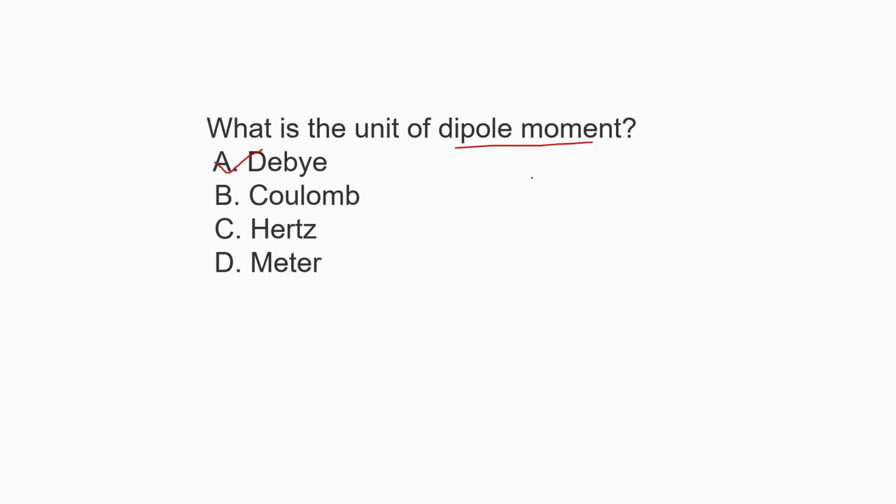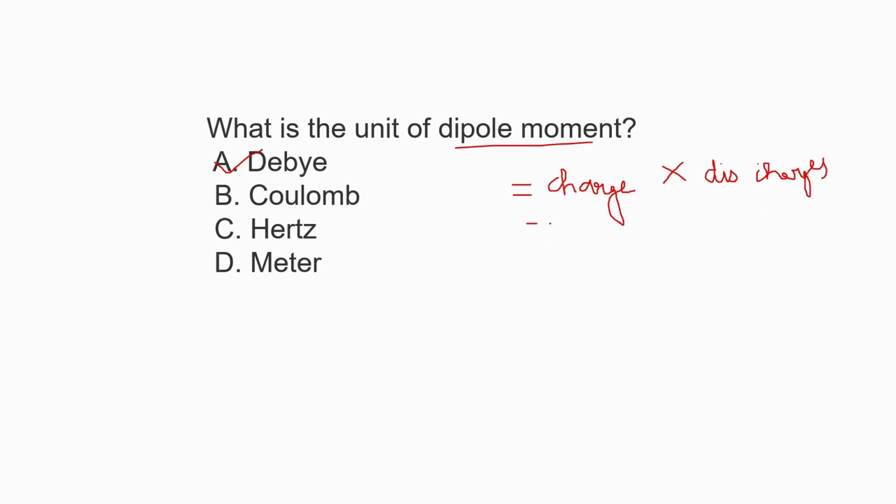So dipole moment is basically a product of the magnitude of charge into the distance between the centers of the positive and negative charges, basically the distance between the charges.